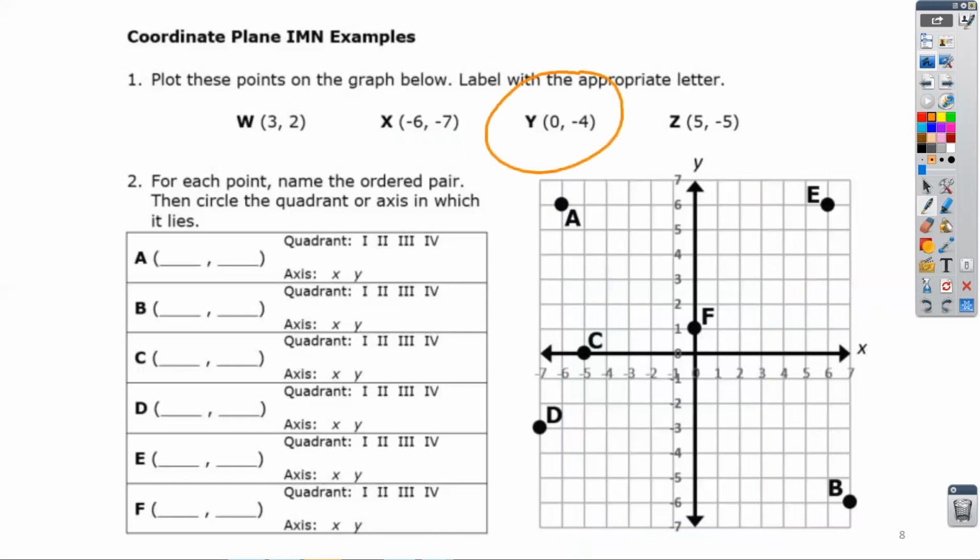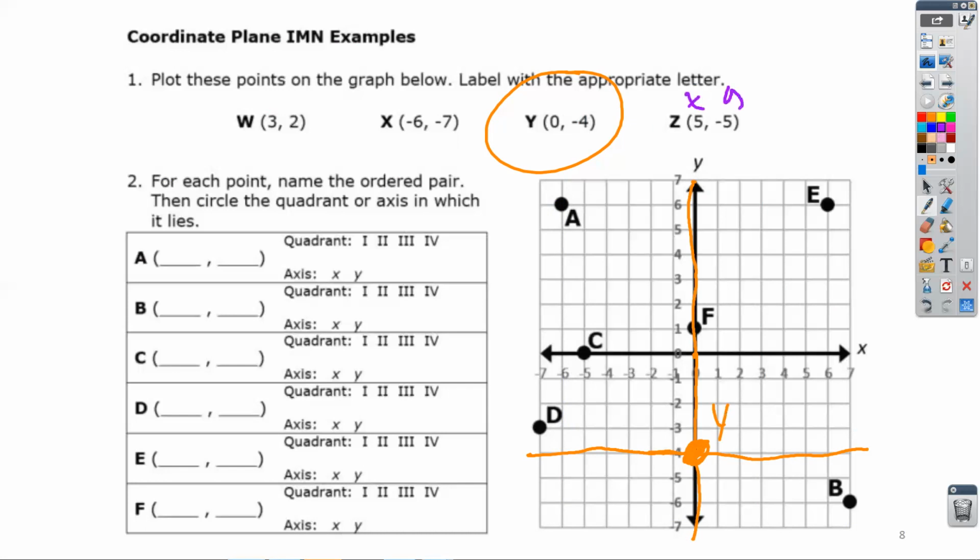So let's look at this one. So on my x-axis, I'm going to find 0, which is right here. I'm going to draw a line through my x-axis. And then my y-axis, -4, which is down here. So I'm going to draw a line through that. So point Y should be right here. And if you don't like drawing lines, we can go back to counting.